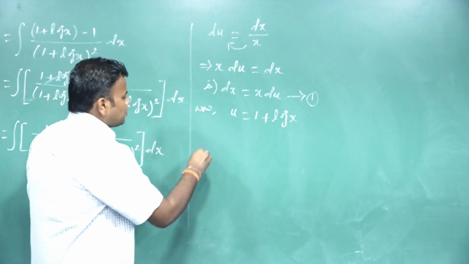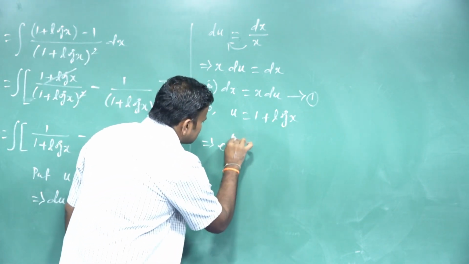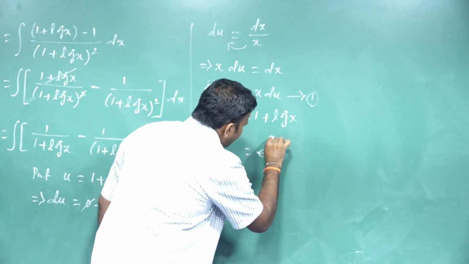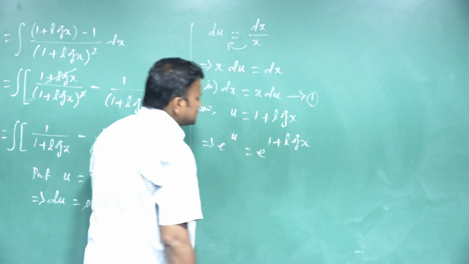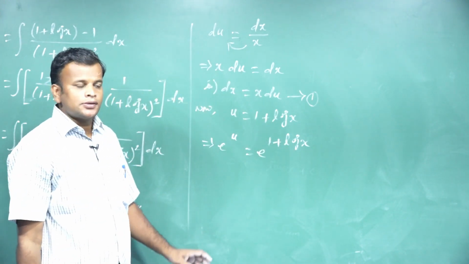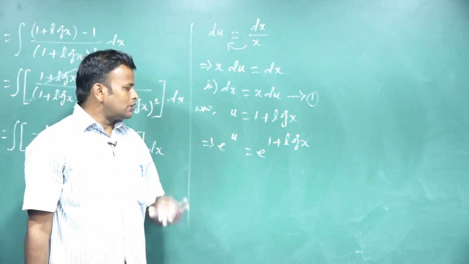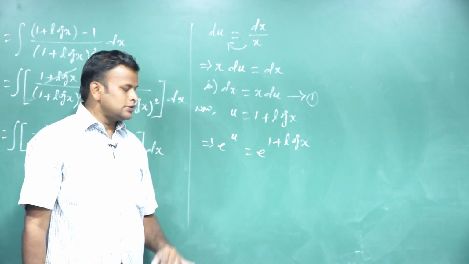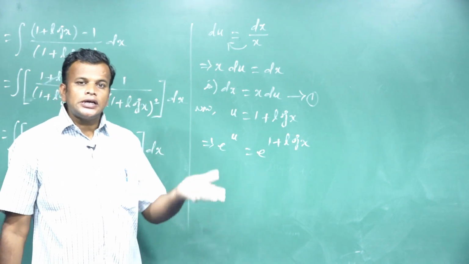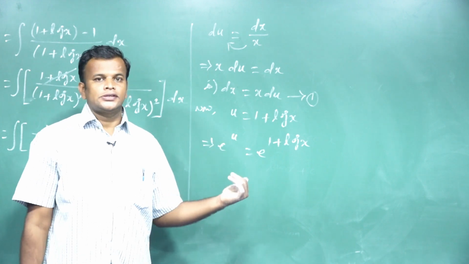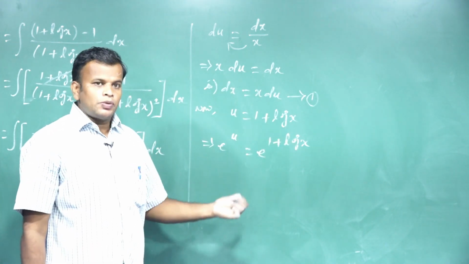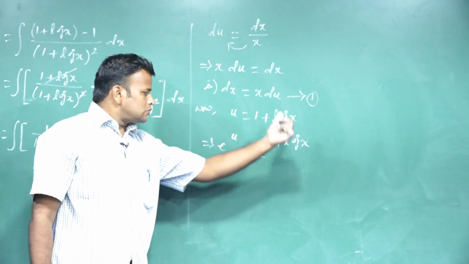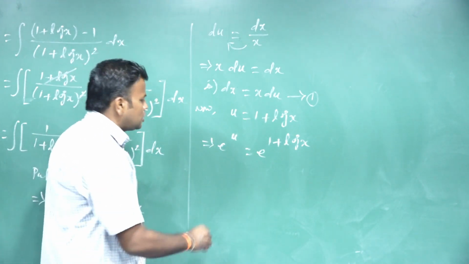For this purpose, I do one process. U value is 1 plus log x. The name of the process is raising to the power e on both sides, because we need only the value of x alone. So e power u.